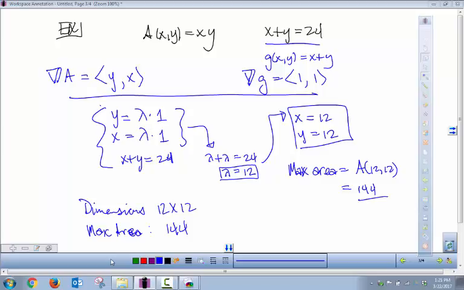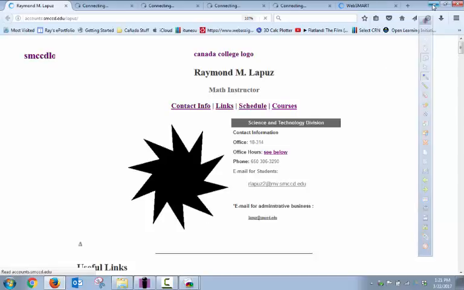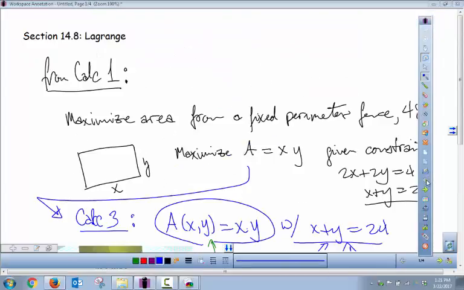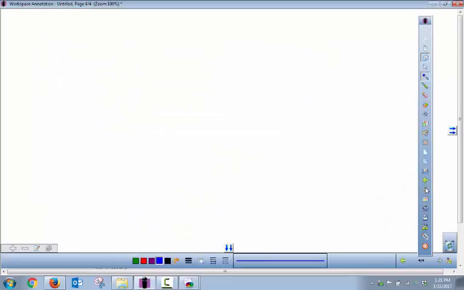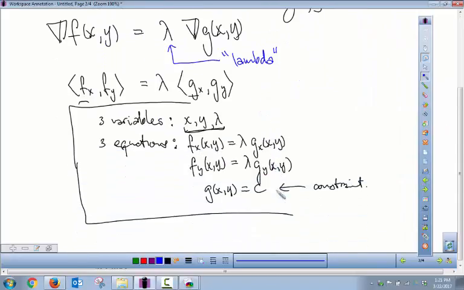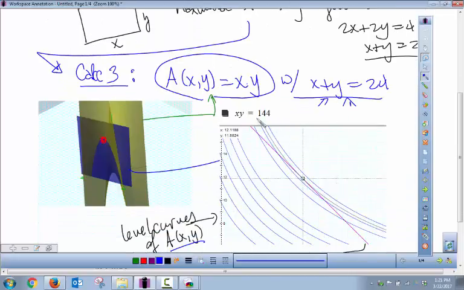I just checked, and it looks like you only had... oh, by the way, where are those graphs? Oh, they're down here? There it goes. Oh, so by the way, we guessed 144, right?